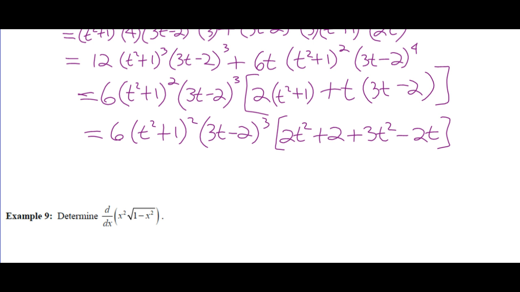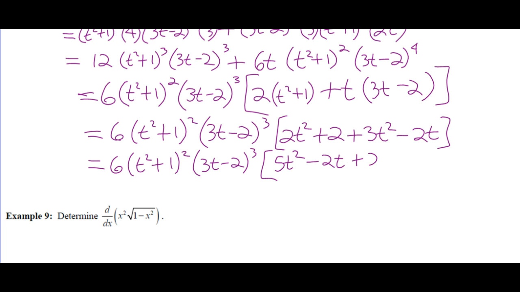We've got at most 2 more lines, I guess. (3t minus 2) cubed. Okay, what do we got? 5t squared minus 2t plus 2. I think we're done. We'll just round bracket this. 5t squared.